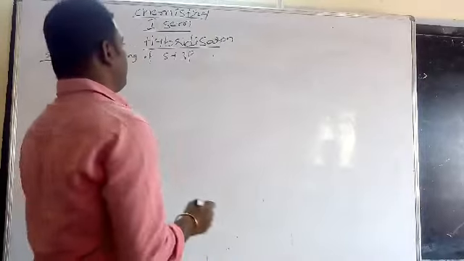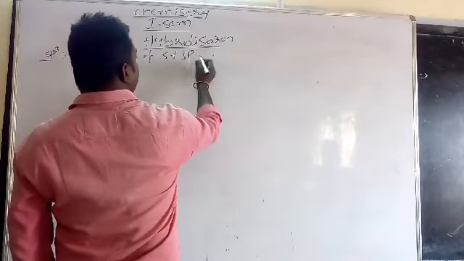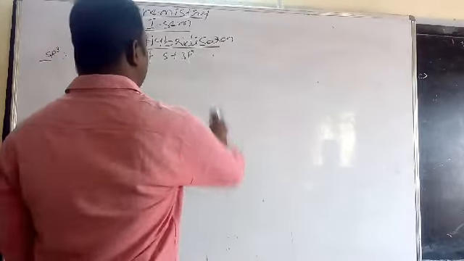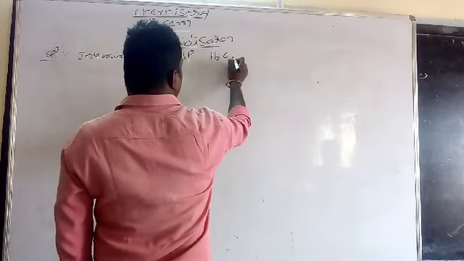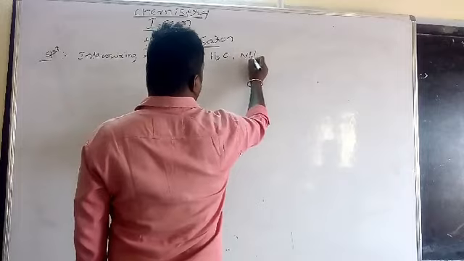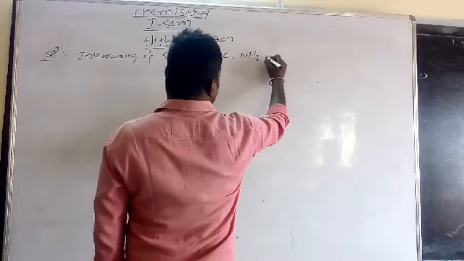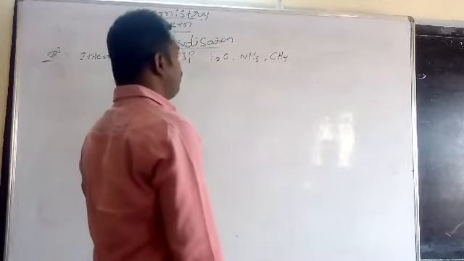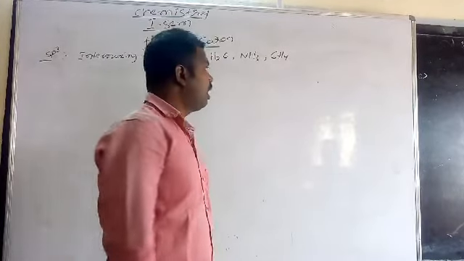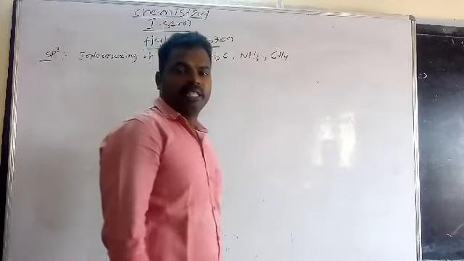This process is known as sp3 hybridization. For sp3 hybridization, three examples are there. First example is H2O, next one NH3, next one CH4. H2O means water molecule, NH3 means ammonia, CH4 means methane.